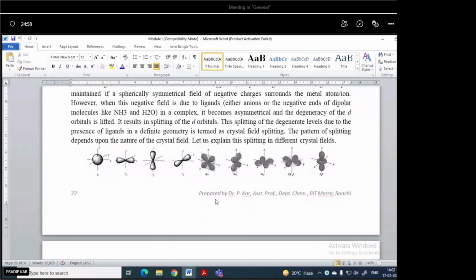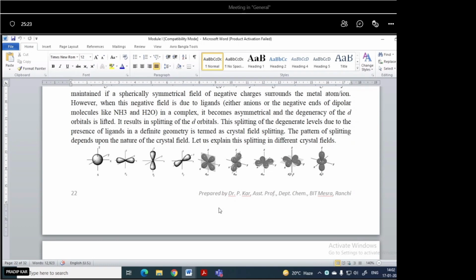If we consider the octahedral structure, the ligands approach through the x-axis, or the y-axis, or the z-axis, not the middle of those axes.